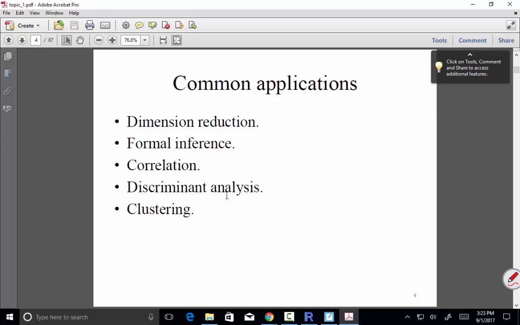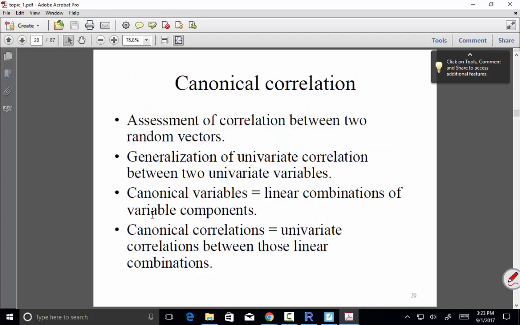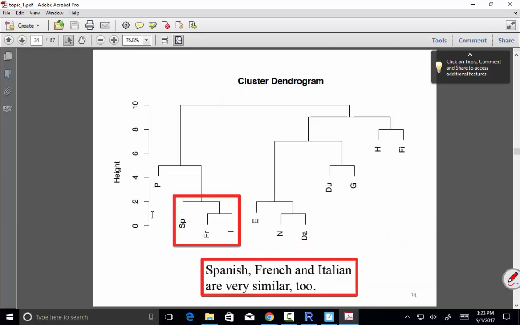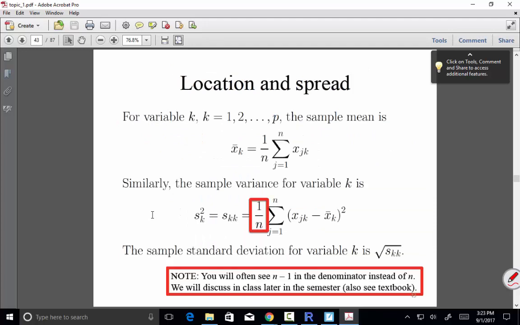So things like prediction, supervised learning, we will give some fair coverage in this class, and cluster analysis, clustering. What comes in the remaining part of these slides for this section is just some real quick examples of what this stuff looks like. So that's going to be in your video on Monday.